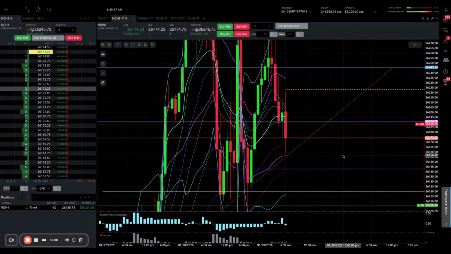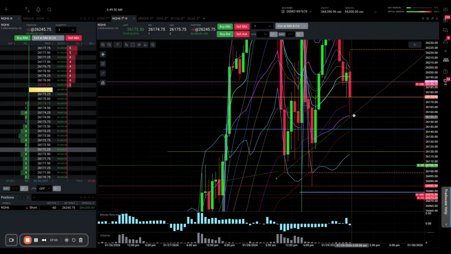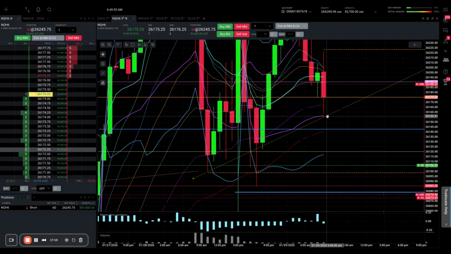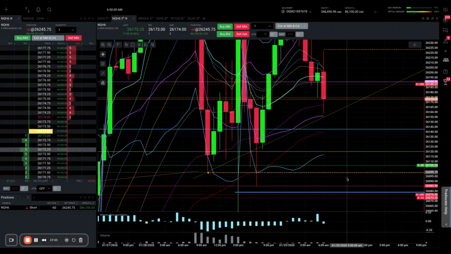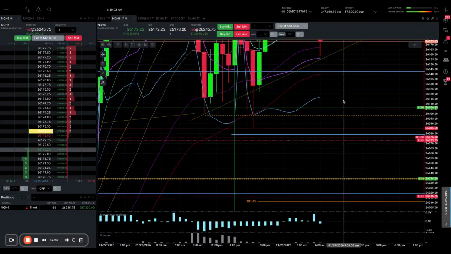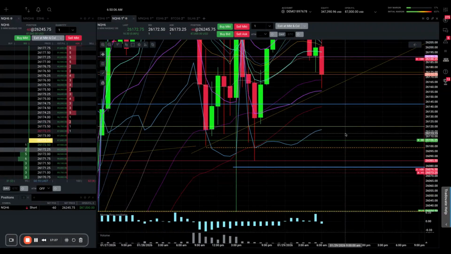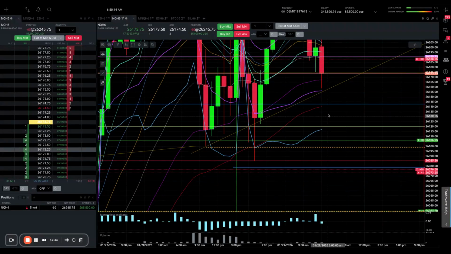So as of right now, we do have our little trend line here that I think will be broken soon. And once we break this trend line, then we can come down into this area here. And then, most likely if market hasn't opened by that time, and it's still pre-market and we get into this area, then we could probably come up into here, reject, and then come back down. So I put this line here to also reference me on a rejection.